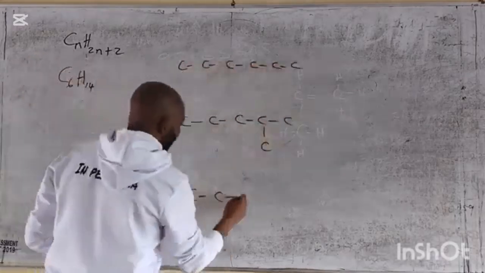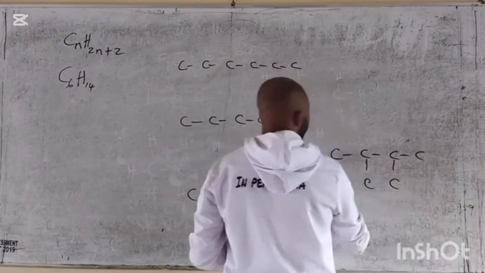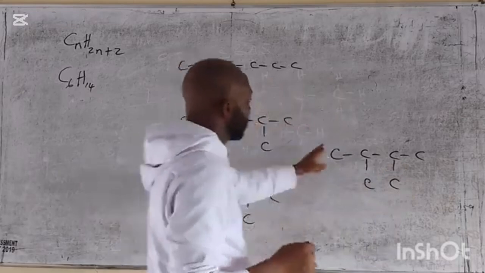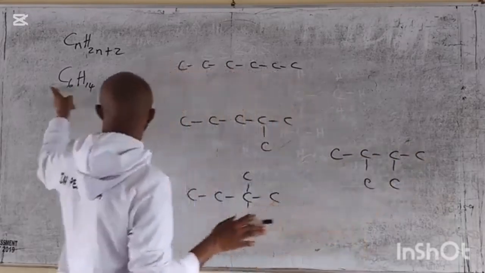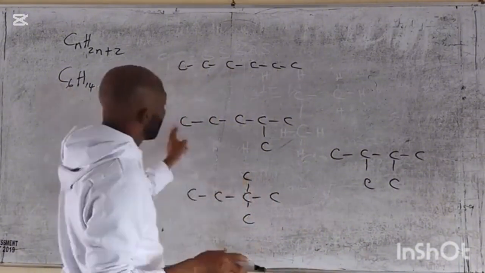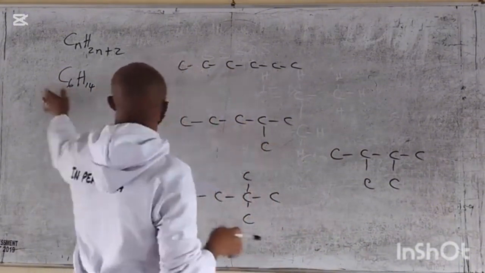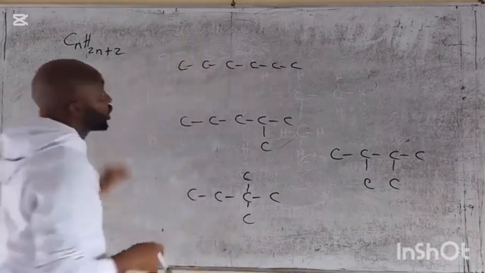I put 1 here and 1 here. Now, 1, 2, 3, 4, 5, 6. It is 6 carbon atoms. Each of these has 6 carbon atoms.